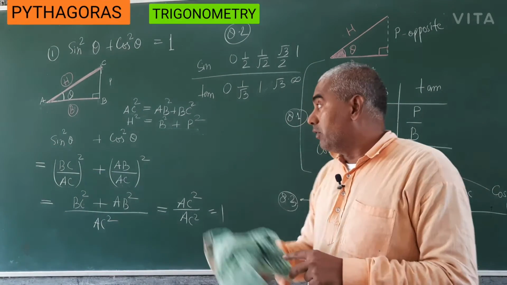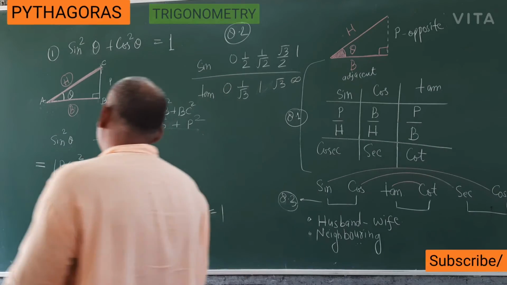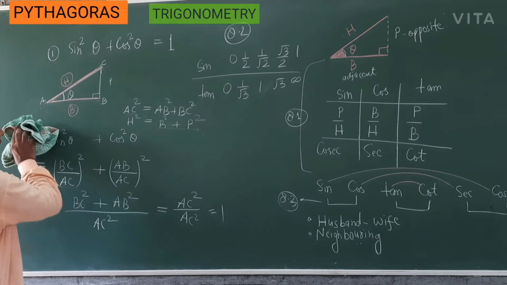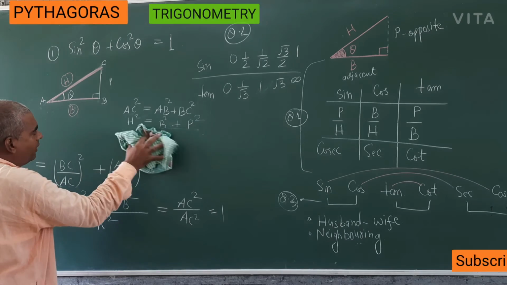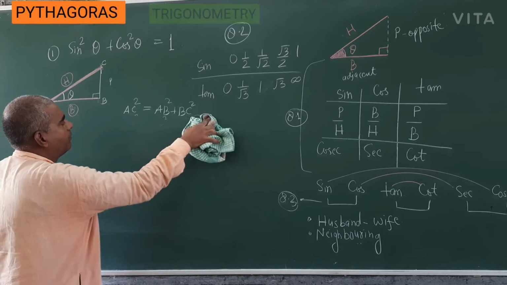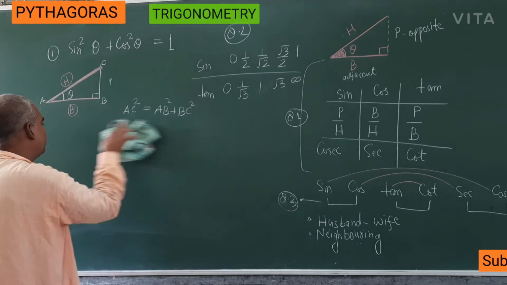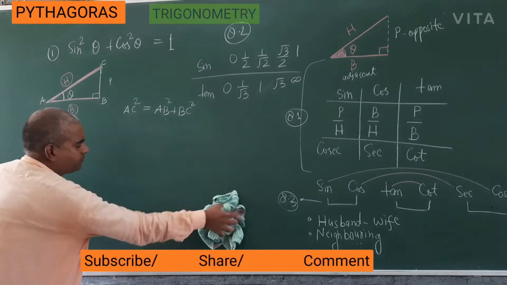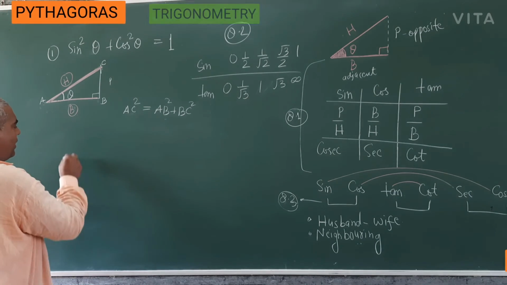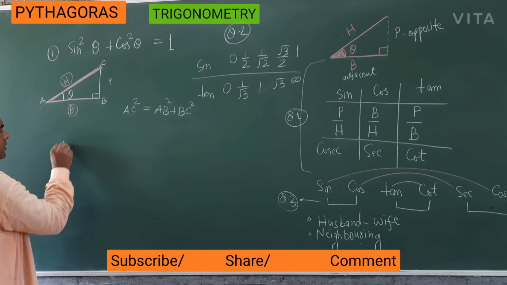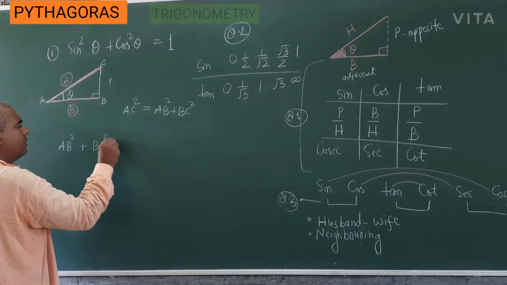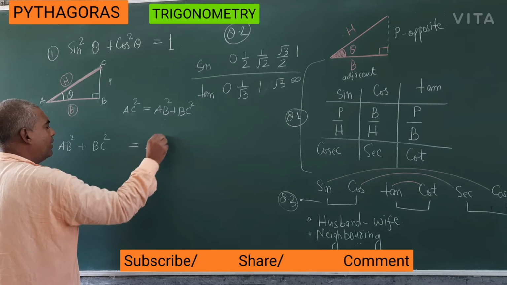A very short trick of this question also. I have taken this and then proved it is equal to 1. If the same question I will not write from here, and I will take from this Pythagoras, then what will we get? If we take Pythagoras from the starting, just AB square plus BC square is equal to AC square. This is proved now.